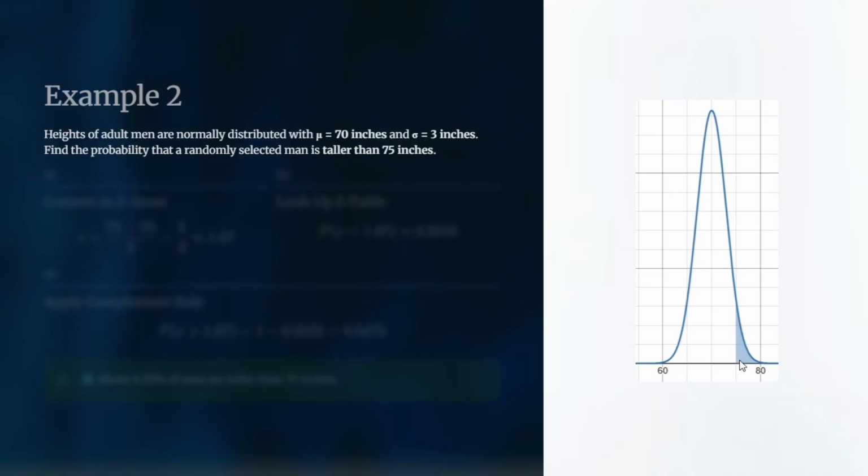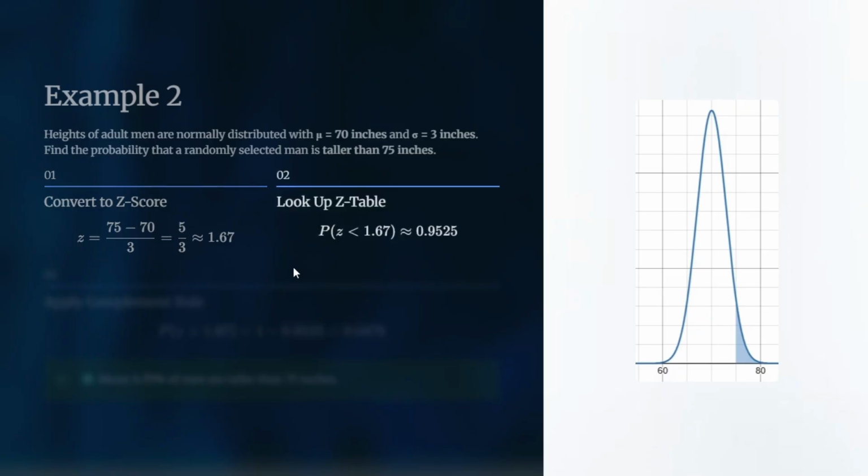We want the area to the right of 75, and this is the area shaded here. So the first thing we'll need to do is convert that value of 75 to a z-score. Z will be equal to 75 minus 70, which is our mean, divided by 3, which is our standard deviation. That'll be 5 over 3, which is approximately 1.67. We round z-scores to 2 decimals.